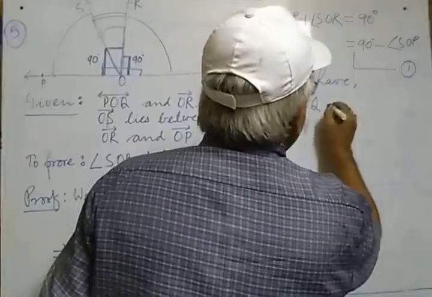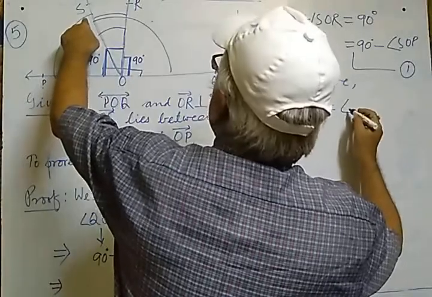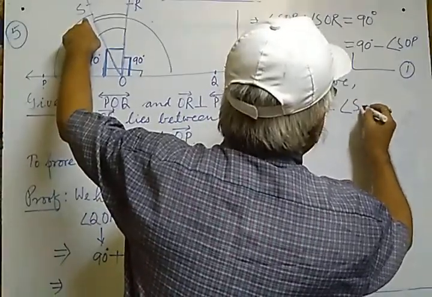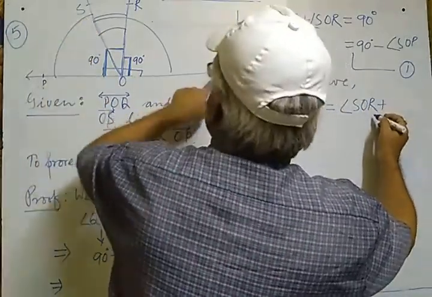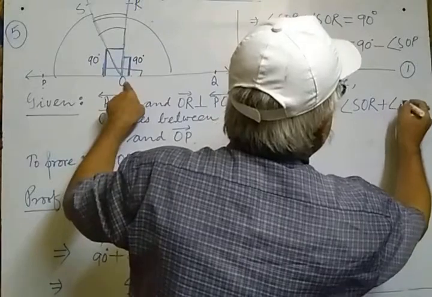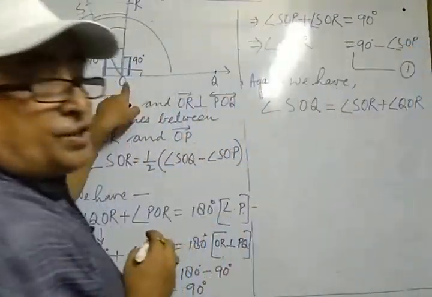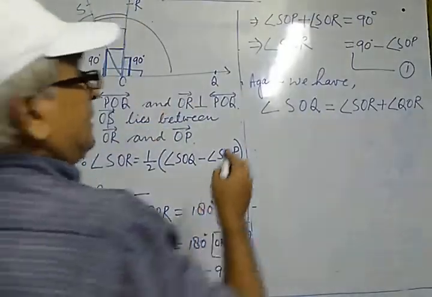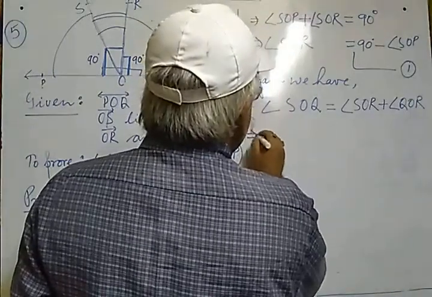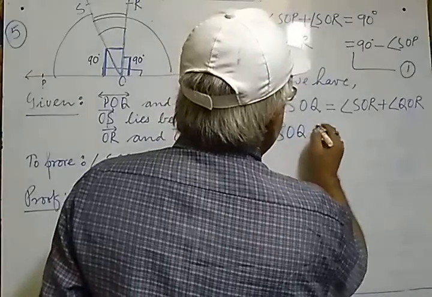So that is equal to which angle? Angle SOR plus angle QOR. Am I correct? Now this implies angle SOQ equals SOR plus QOR.